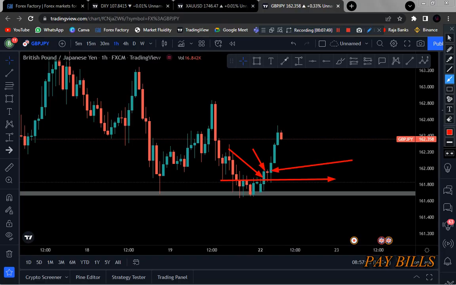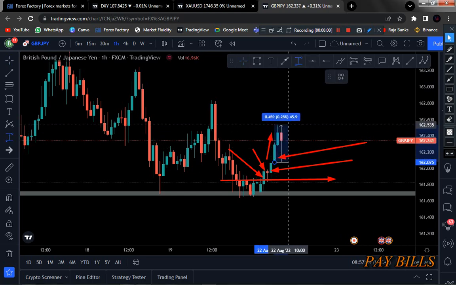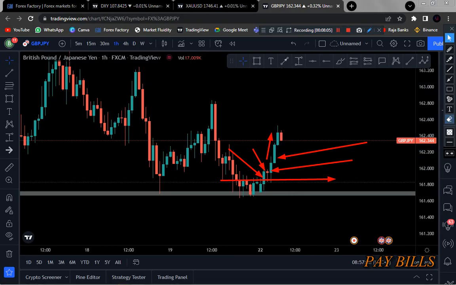On the next candle it was a confirmation, and the next candle was a perfect entry. This perfect entry would have made us up to, let's see how many pips, 45 pips. So it wasn't a bad trade at all, and it was a safe, secure and fully confirmed trade as well.